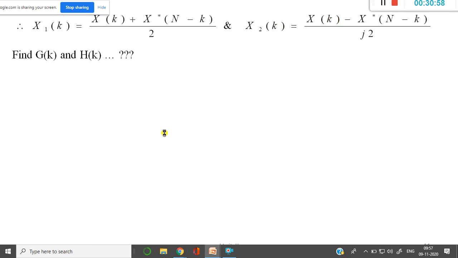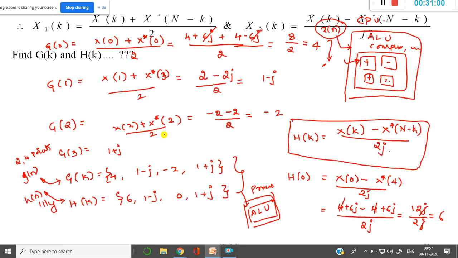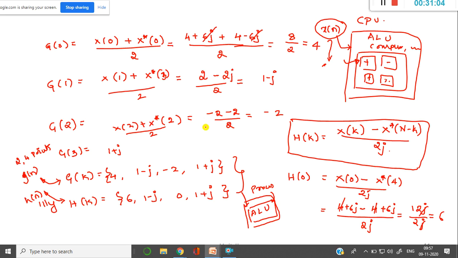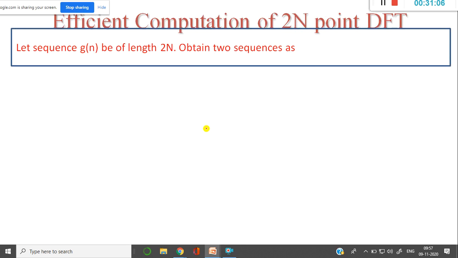See, if you understood this concept, well and good, so the next concept is very simple. Assume that you have a g of n sequence which is 8-point.